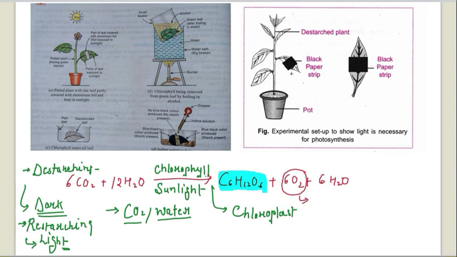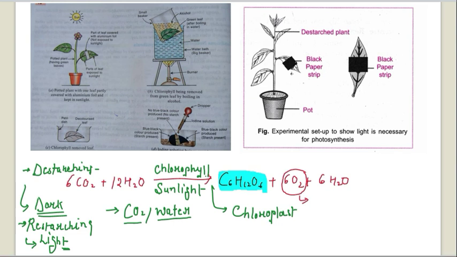First we take a plant and de-starch it. De-starch means it is kept in the dark for 3 to 4 days so that the starch is consumed and new starch formation does not occur because there is no photosynthesis. Next, we select one leaf and wrap aluminium foil around the center of the leaf in this way.